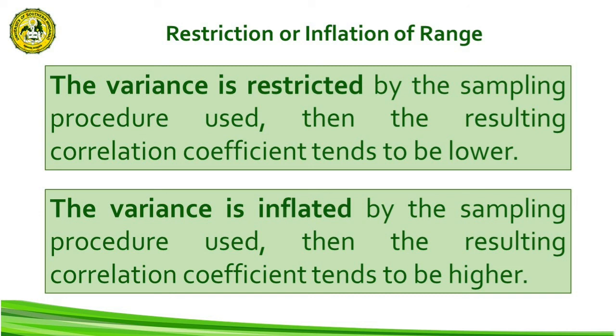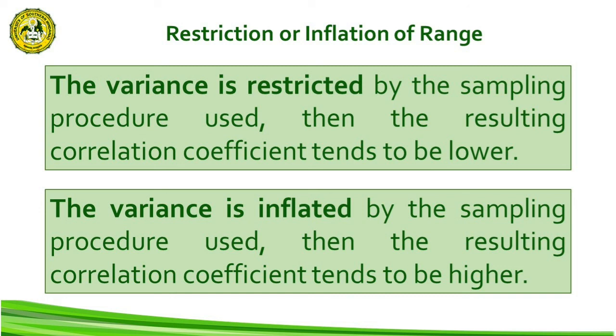So, if yung variance daw ng isang variable in a correlational analysis, kasi gano'n naman, 'di ba? If restricted yung variance by the sampling procedure, of course, yung resulting correlation coefficient will be lower. If inflated naman yung variable, then yung resulting correlation coefficient is higher. The same goes sa tests.